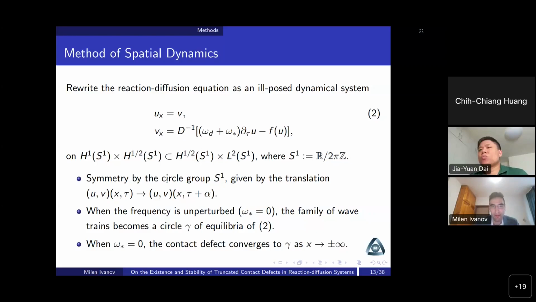But I also have symmetry by S1, which is time symmetry. As soon as I have one equilibrium, I have a whole circle of equilibria, which I call gamma. And when I'm unperturbed, the contact defect converges to the circle of equilibria as x goes to plus minus infinity.